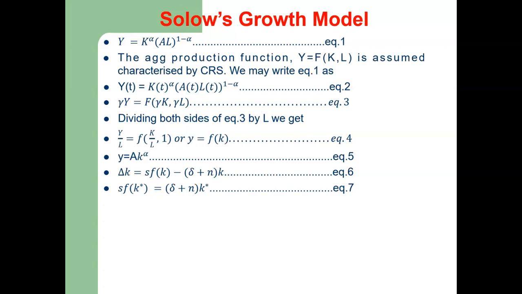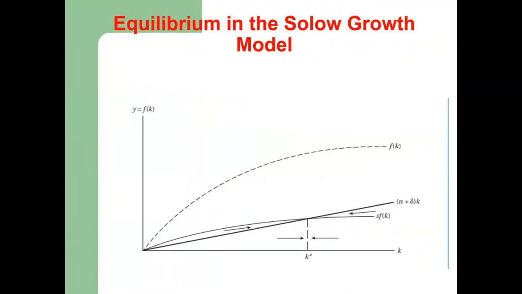This equilibrium in the stable state can be seen in the following figure, which shows equilibrium in the Solow growth model. The capital per worker k* represents the steady state. If k is higher or lower than k*, the economy will return to it. Thus k* is a stable equilibrium.